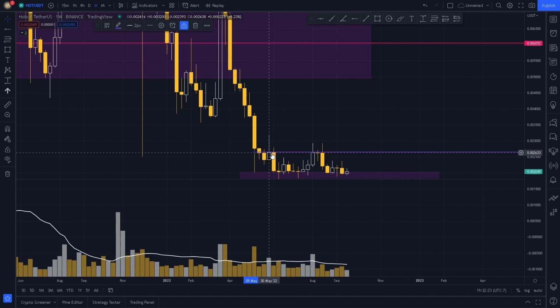As we can see, there has been a rejection here, price came down and has had multiple rejections from this key zone coming back up, and another rejection from the same key level. So this is very key. As price comes back down, we are seeing a reaction from our key zone that we previously established because of price action in this area.